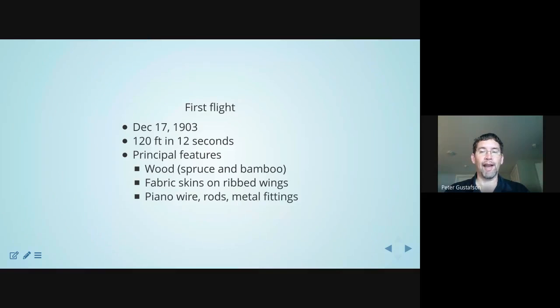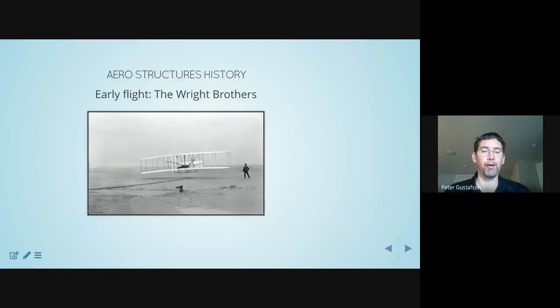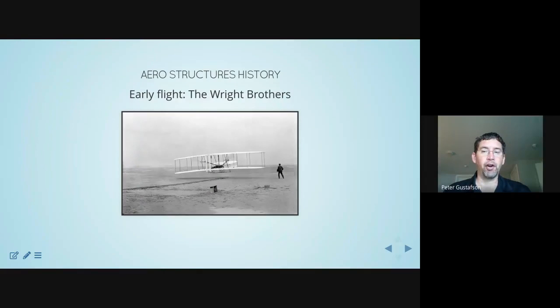Now, it's worth looking at the aircraft and thinking about what its principal features are. Let me go back to that slide for just a moment. As we stare at this aircraft, what do we see? What is perhaps similar or what is different from what we're seeing in a modern aircraft?